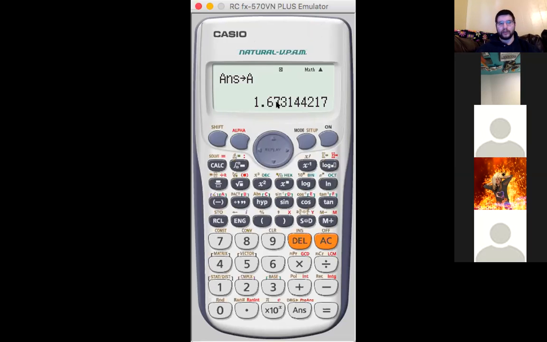It's greater than again, so we need everything greater than this. Mode, distribution, normal CDF. A is my lower bound. Infinity is my upper bound. Leave those alone. We get 0.047 for my p-value. So I'm going to write that down.